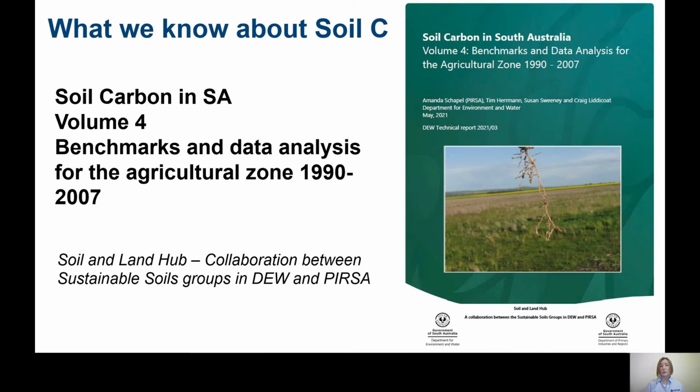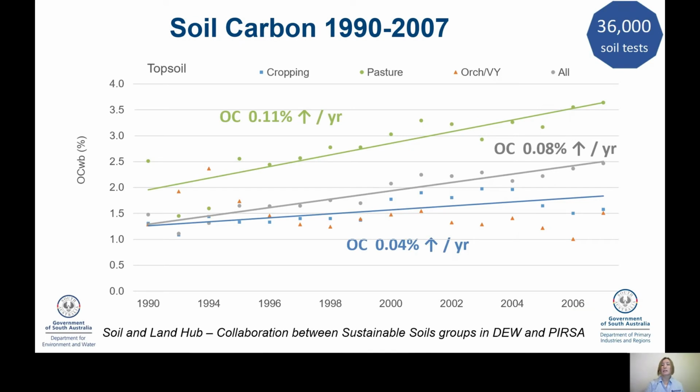What this report is pulling together is some benchmarks. We're providing benchmarks for farmers to be able to assess where their carbon values are. To do this, when the state government used to have a soil lab, we were able to pull together the data results of soil tests.